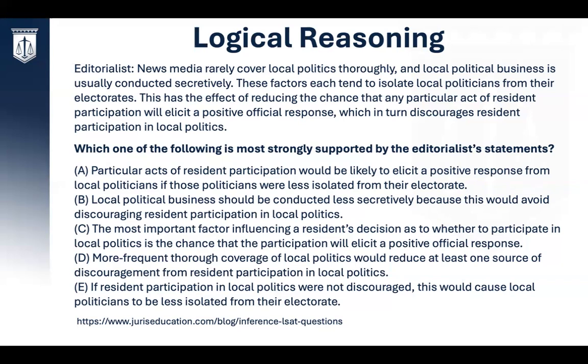Okay, E. This choice mistakenly treats the reasoning as a formal conditional statement and tries to apply the contrapositive. They're using a really big word there. So, if resident participation in local politics were not discouraged, this would cause local politicians to be less isolated. So they're flipping it.